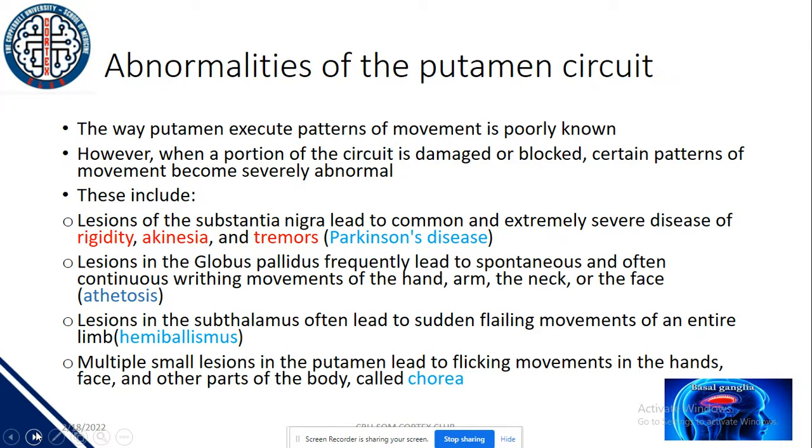So we are saying the substantia nigra, as we said, produces dopamine. Imagine we don't have dopamine or we have less dopamine. It means we are inhibiting which pathway? Of course, we're inhibiting both the indirect and the direct pathway.